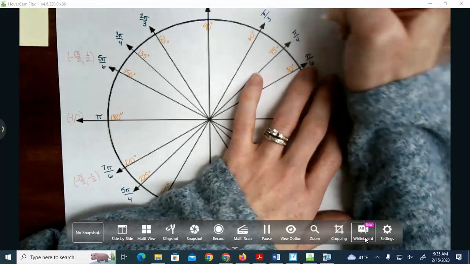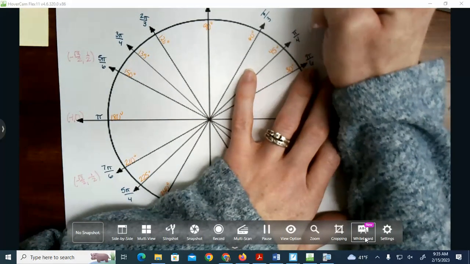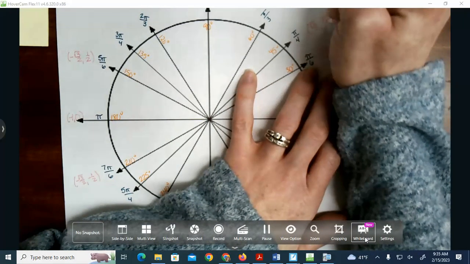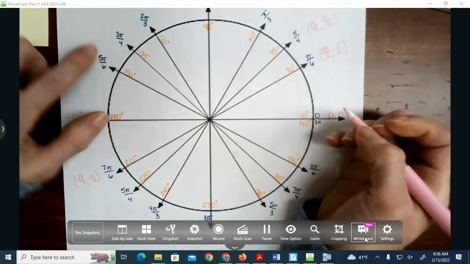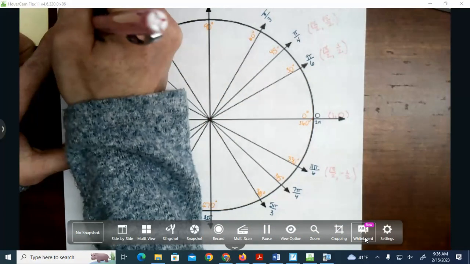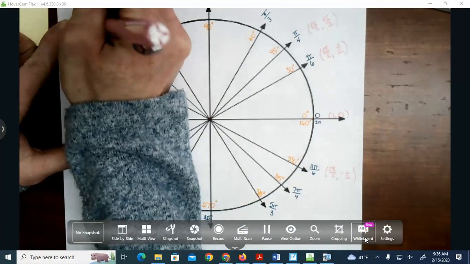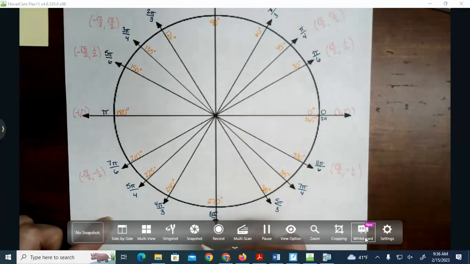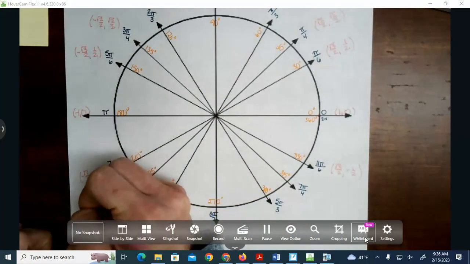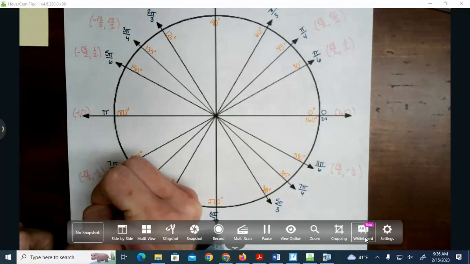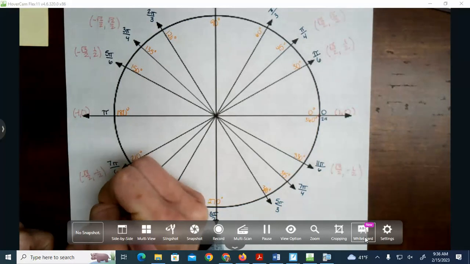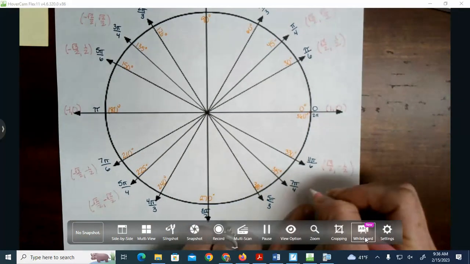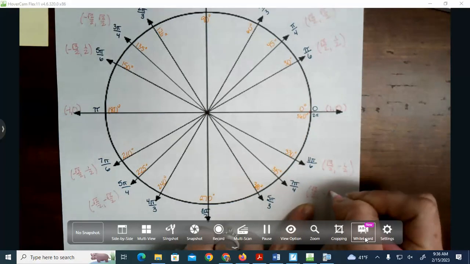So, pi over 4 would be radical 2 over 2, radical 2 over 2. 3 pi over 4, the x is negative, so negative radical 2 over 2, positive radical 2 over 2. 5 pi over 4, both x and y are negative. And 7 pi over 4, x is positive, y is negative.